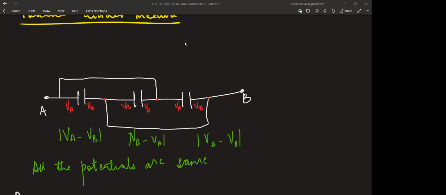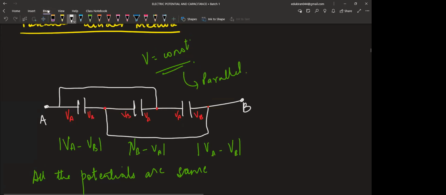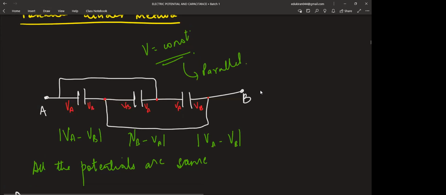See, the voltage remaining constant gives an idea that this is a parallel combination. So instead of drawing this complicated circuit, you can replace it simply by this.